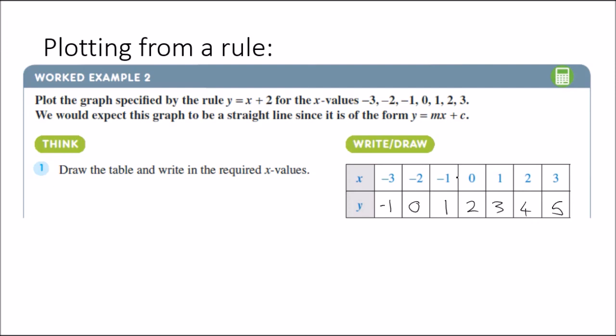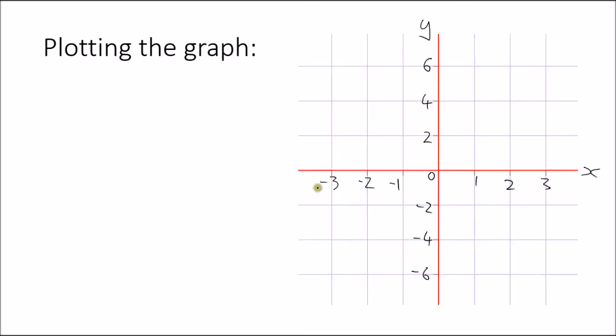Now all I've got to do is start filling in my points, so for each xy pair. So when x is -3, y is -1. Now in this case, -1 isn't on the crossing of these two lines here. It's going to be at that halfway mark there. It's a bit hard to see actually because of the 3, but anyway.